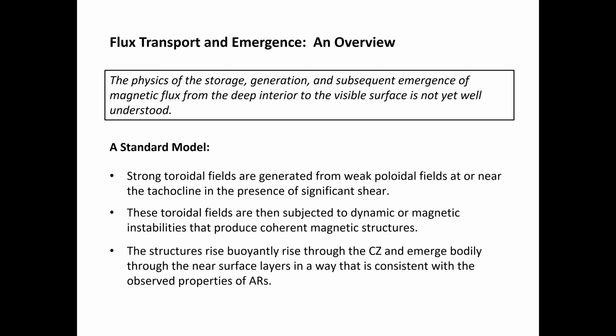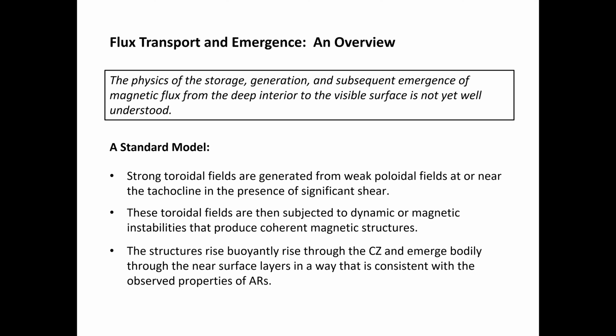The idea for many years is that strong toroidal fields are generated from weak poloidal fields at or near the tachocline, where there's significant shear, and field can be stored for the time scales necessary to match the observed solar cycles. Through either magnetic instabilities or some sort of dynamic instability due to the turbulent downdrafts of convection, these toroidal fields are then unstable and can produce coherent magnetic structures.